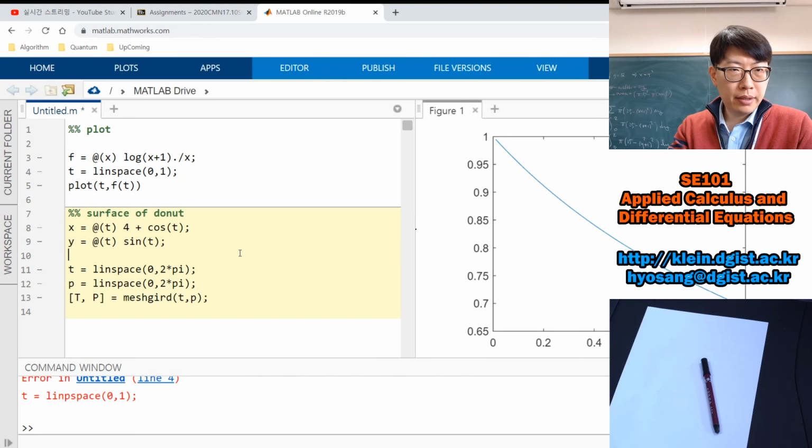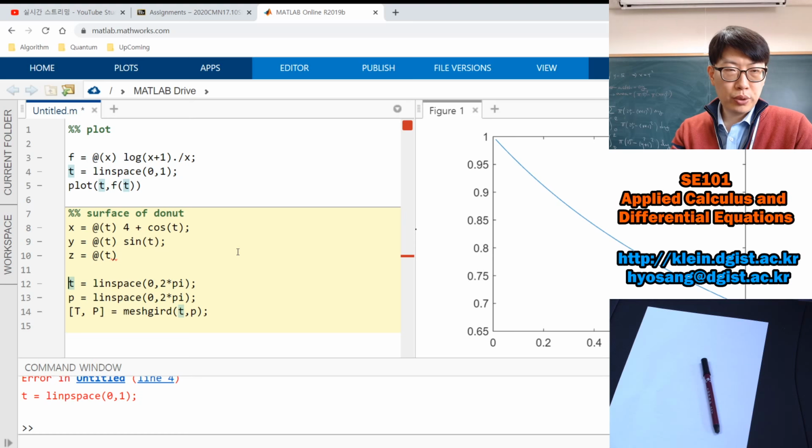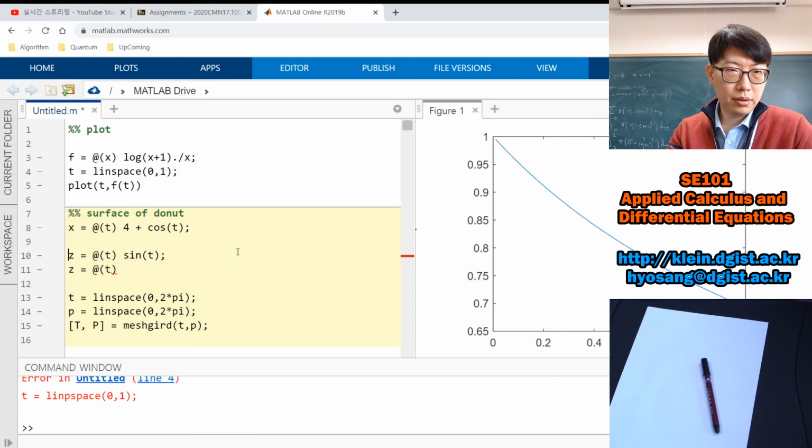Then let's define another variable z, because now we have a 3D object whose each point has 3 coordinates. So what we have here is the center at (4,0). Let me change this to z here.